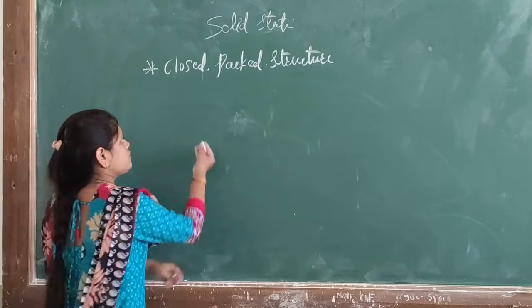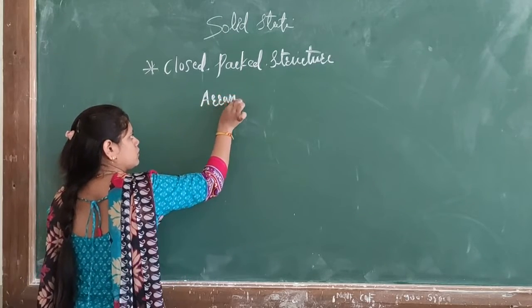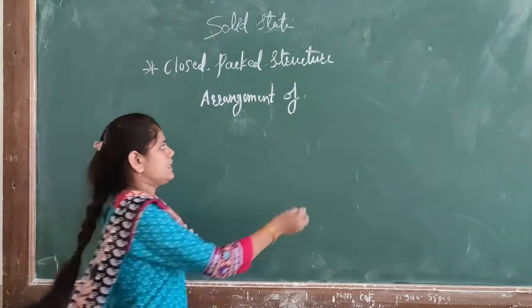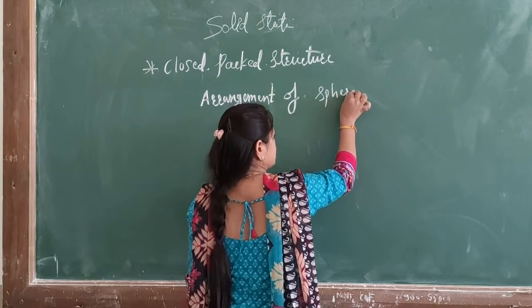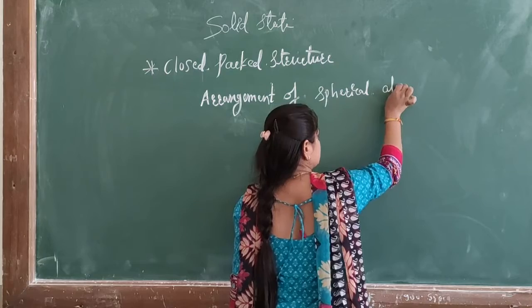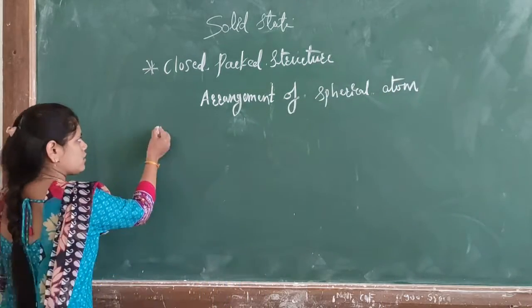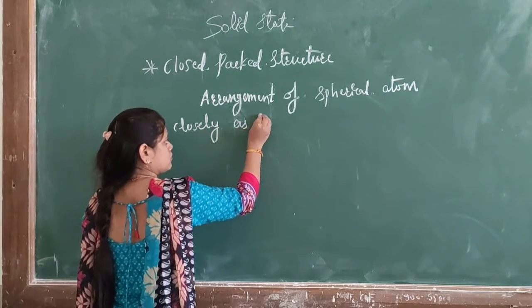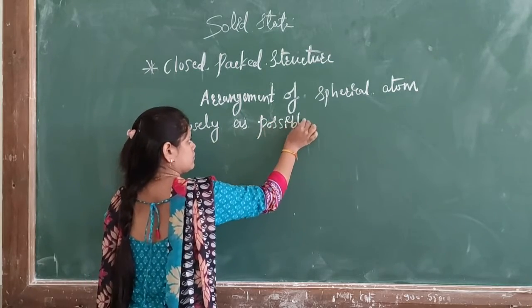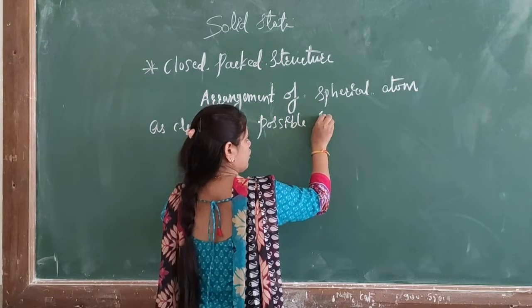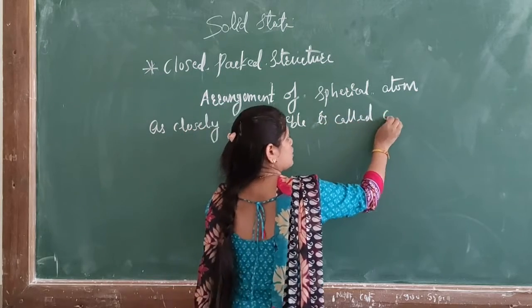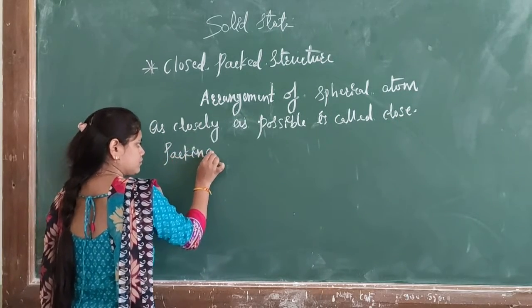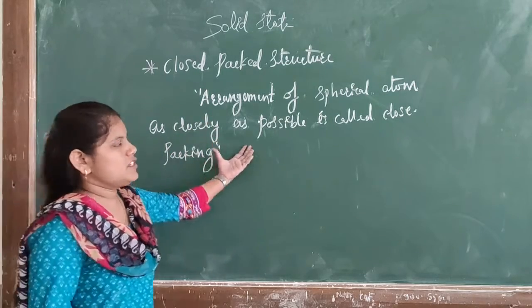I will write the definition here: the arrangement of spherical atoms as closely as possible is called close packing.